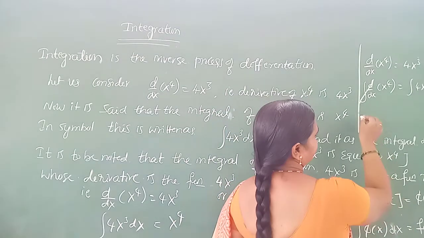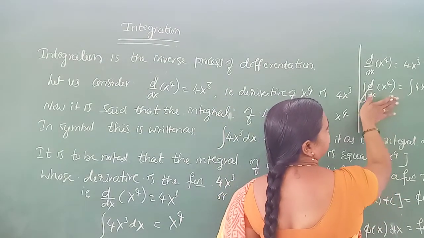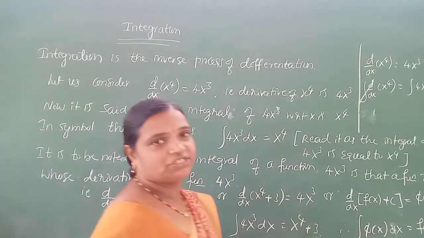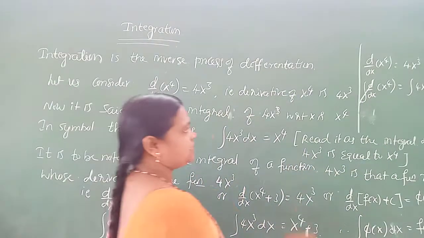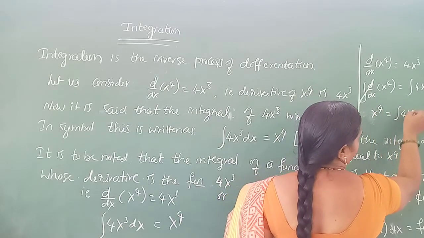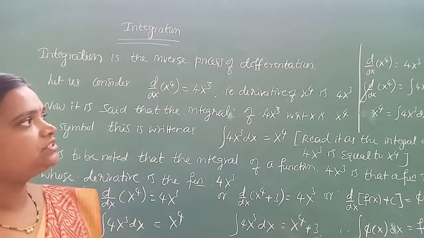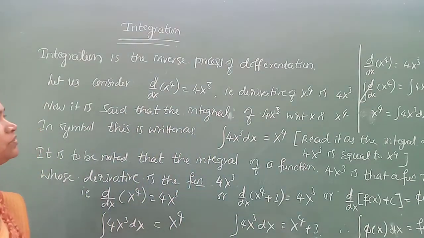Just as I explained, if it is a, its inverse is 1 by a, they cancel. The same happens here: integration and differentiation cancel and what is left is x to the power 4, which equals the integral of 4x cube. Did you understand? Okay.